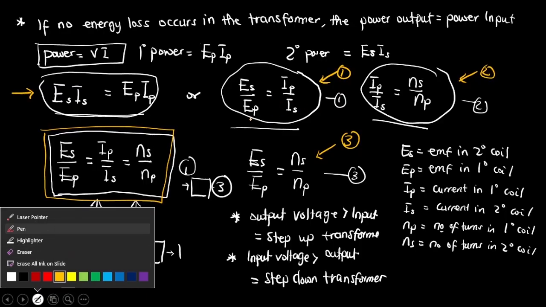Mind you, these are the expressions that we are going to be using for our calculations. All right, so let's look at the 2 types of transformers that I said. Let's look at their drawing, right, to know what is the difference between a step up transformer and then a step down transformer.